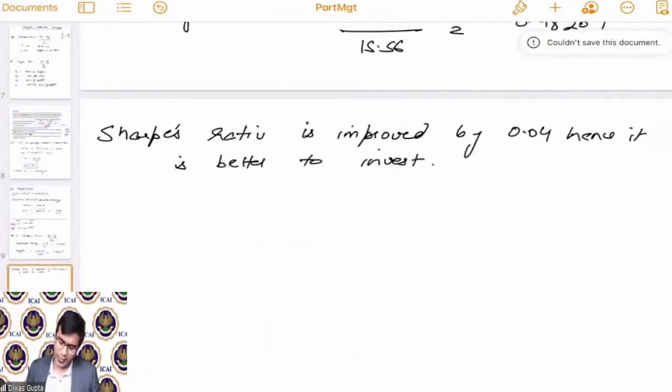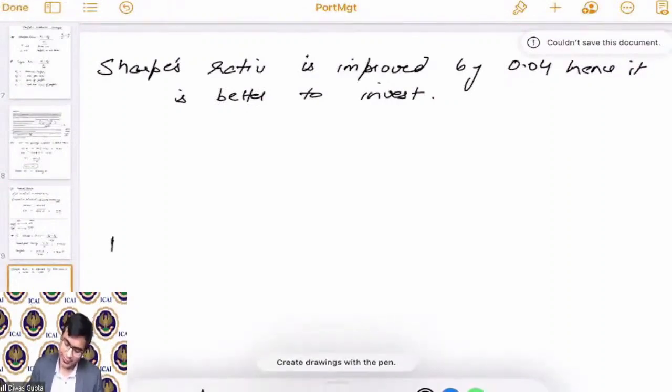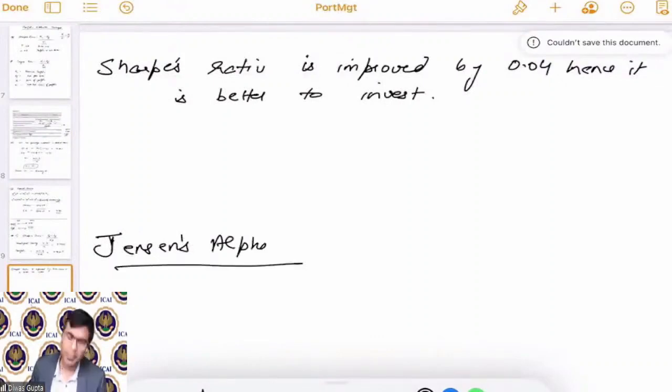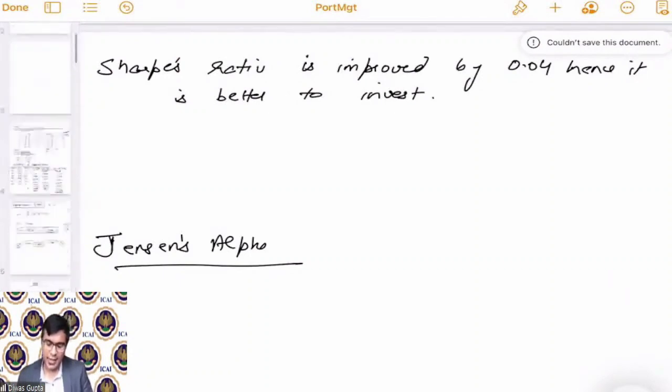Now there is the last technique left before moving to the next question. It is also a portfolio technique, called Jensen's alpha. Students, we have already studied this in the concepts.